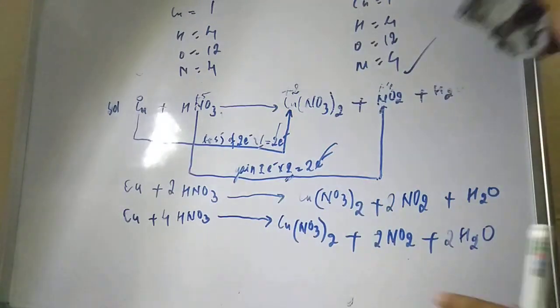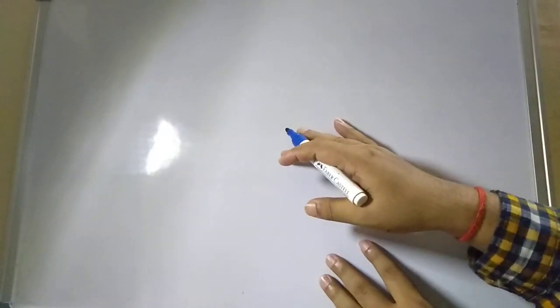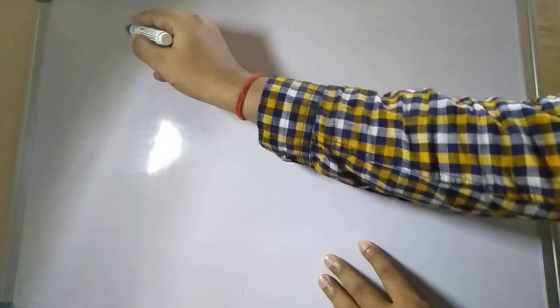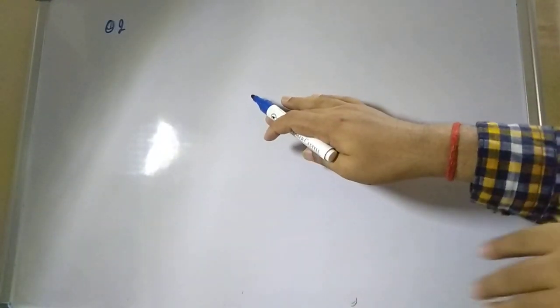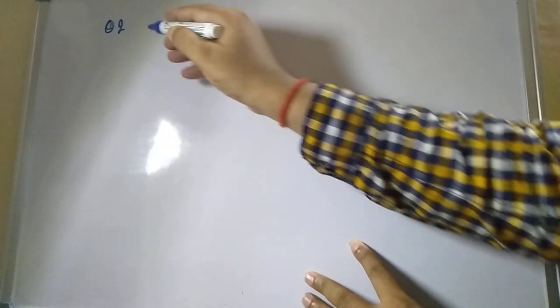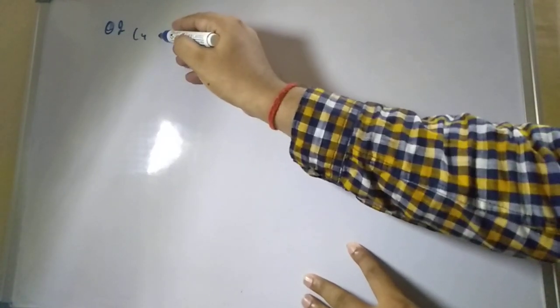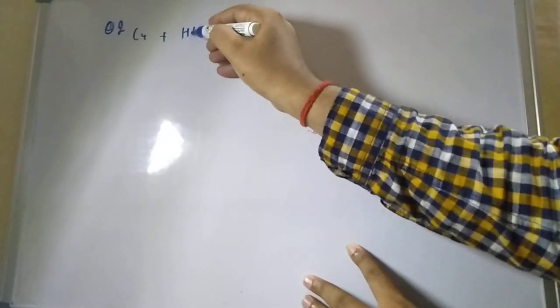Okay, now let us move to the other problem. The second problem I am taking with dilute nitric acid. You should know the product, I am teaching only the product you have to know. So question number 2, that is copper. Again I am taking copper and HNO3.